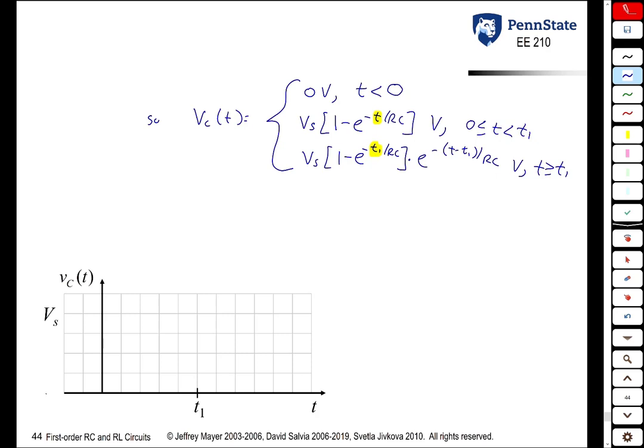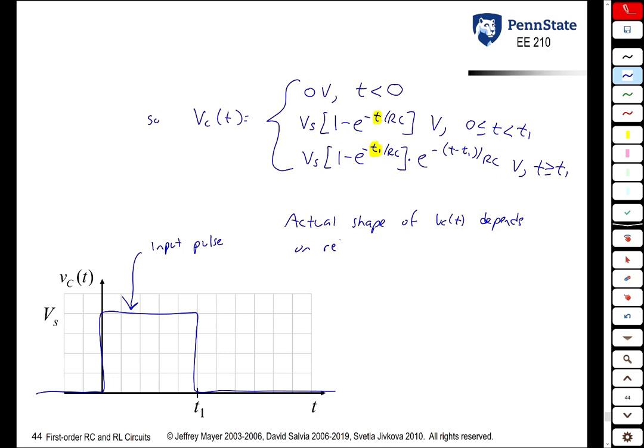So if we go to plot this, first off, let's plot the pulse itself. We saw this from the previous page. Here's the input pulse. What we're going to see is that the actual shape of Vc of t depends on the relationship between the time constant and the pulse width.